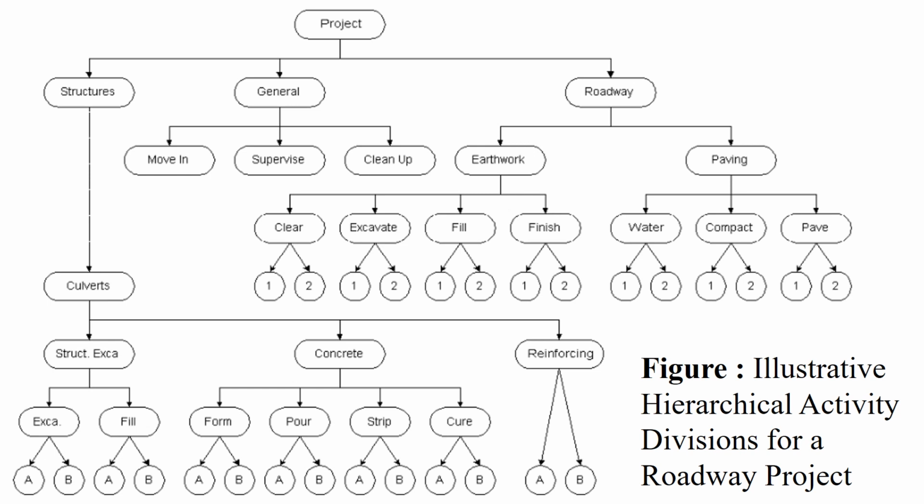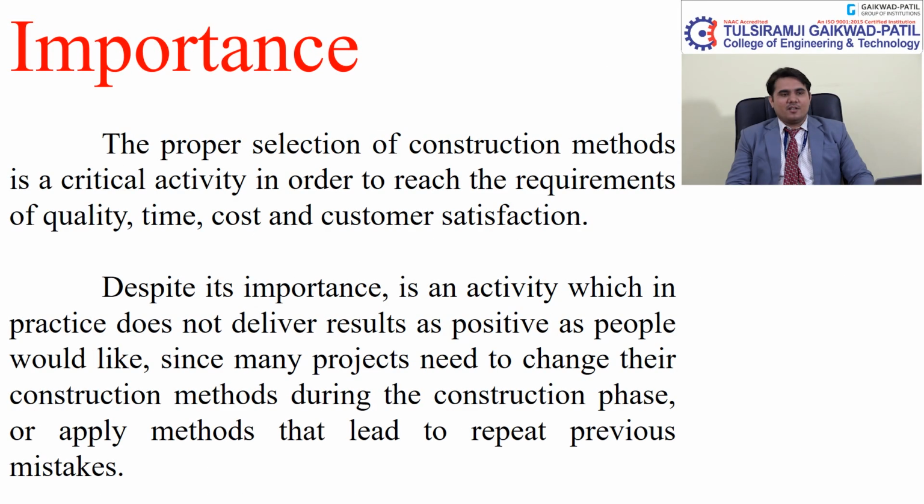Now, the importance of choice of technology: the proper selection of construction method is a critical activity in order to reach the requirements of quality, time, cost and customer satisfaction. Proper selection leads to a creative activity. Quality can be achieved, time can be saved and cost also can be reduced, and we can meet customer satisfaction. Despite its importance, in practice it does not deliver results as positive as people expect.